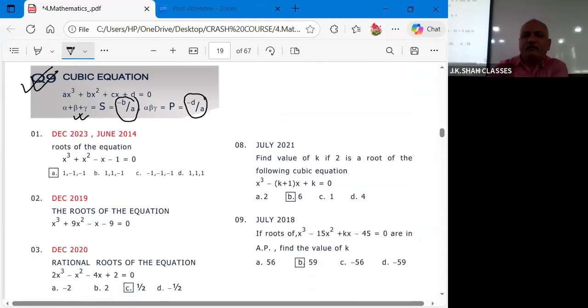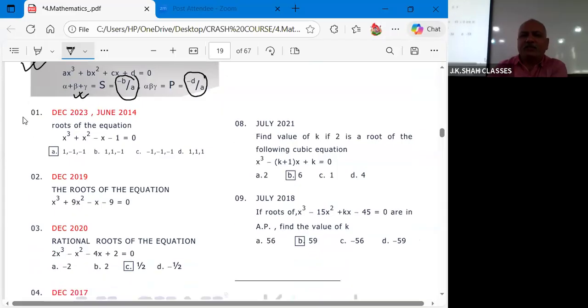Suppose first question. Listen how sir is solving this. First tell me, in this question how much is a? 1. How much is b? 1. How much is c? -1. How much is d? -1.